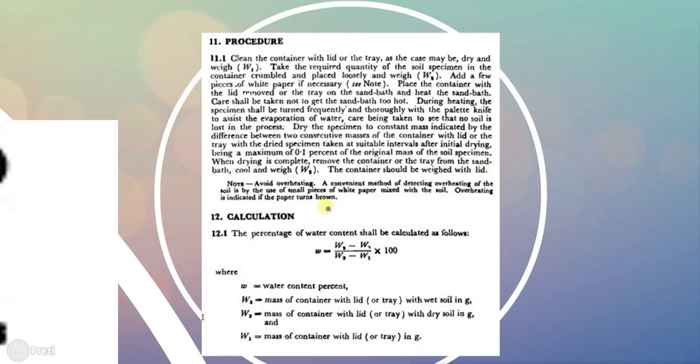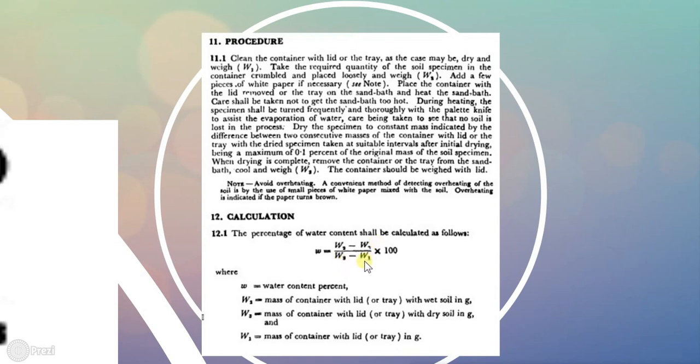The calculation will go as previously. Water content, small w, is equal to W2 minus W3 upon W3 minus W1 into 100, where W2 is wet soil plus lid or tray, minus dry soil with lid or tray. So this will showcase weight of water.